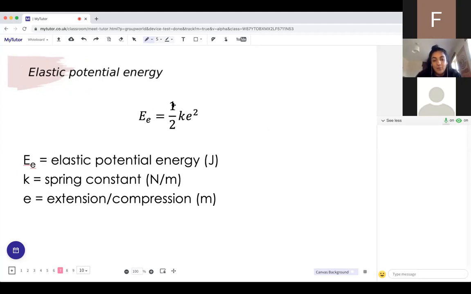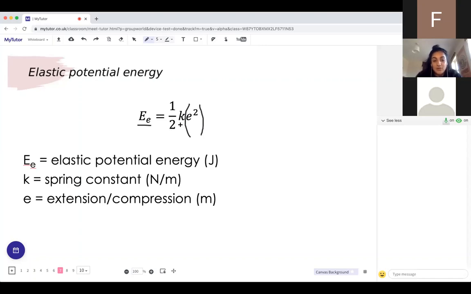And then we have the equation, which is elastic potential energy equals half times the spring constant times extension squared. So we need to do this bit first, extension squared first, and then times by the spring constant, and then times by half to get our elastic potential energy.